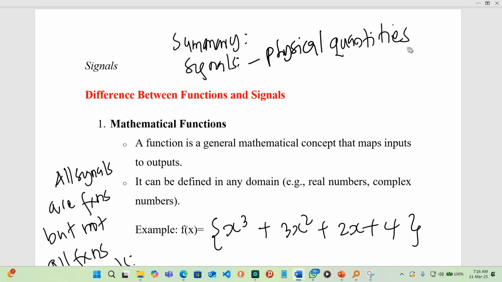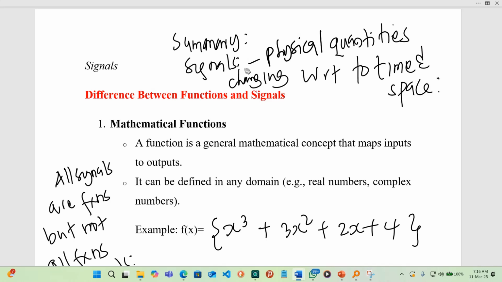So these are physical quantities changing with respect to time and space. But a function is a general mathematical concept that maps inputs to outputs, and we have already seen that all signals are functions, but not all functions are signals, because not all functions represent physical quantities changing over time and space, or just changing over time.